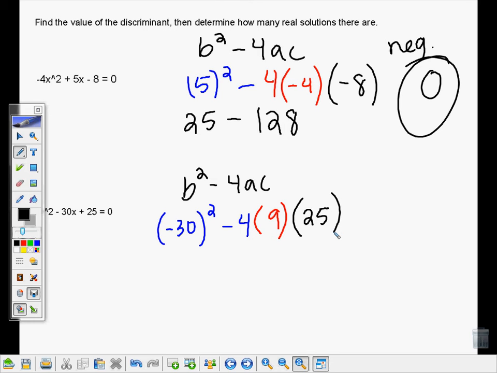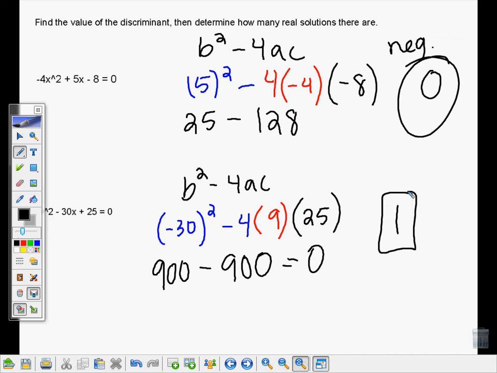All right, make sure you put negative 30 in parentheses. You get 900 minus 4 times 9 times 25, and we get 900. 900 minus 900 is 0. Remember, if you get 0, that means you have one solution. Okay, hopefully you got that if you tried it on your own.